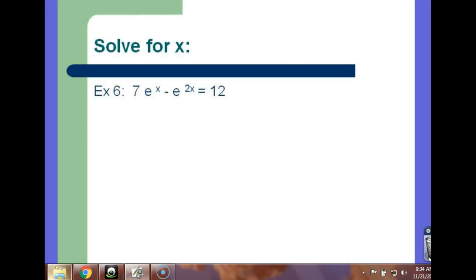So what we're going to do is bring everything over to one side and get this set equal to 0. Why don't we just subtract 12? No, then you have a negative e to the 2x. Move it to that side. It's more positive. So you get e to the 2x minus 7e to the x plus 12.